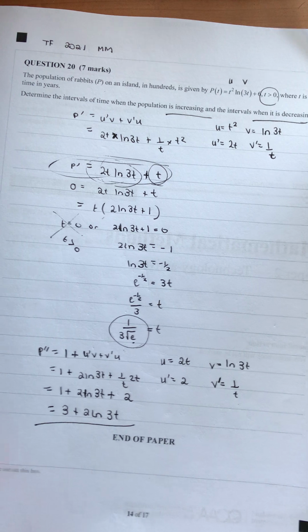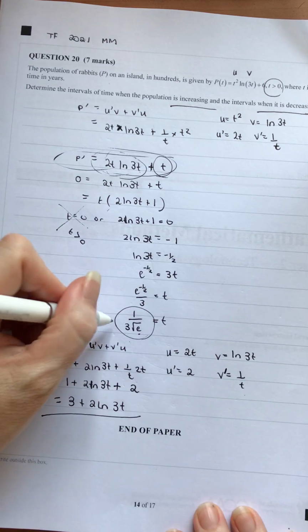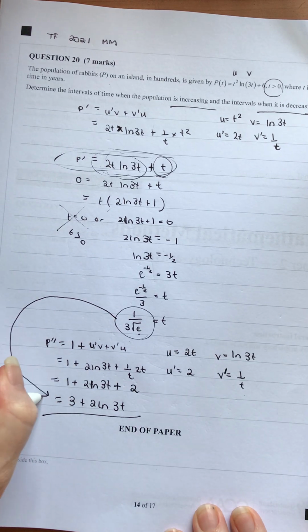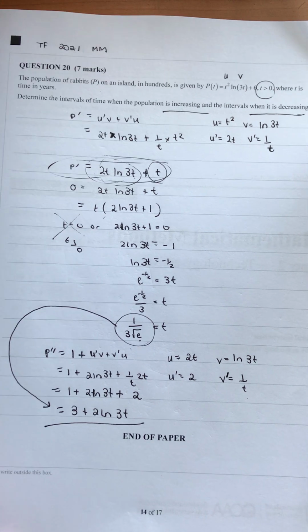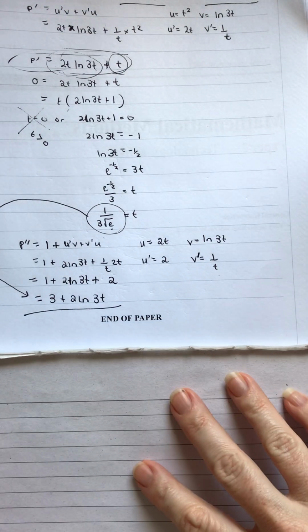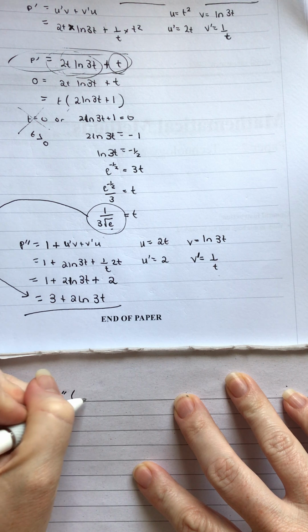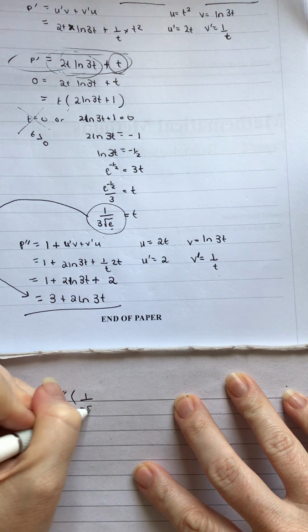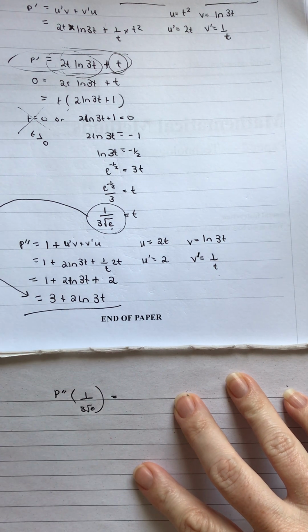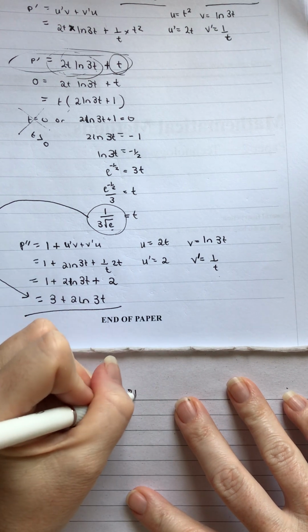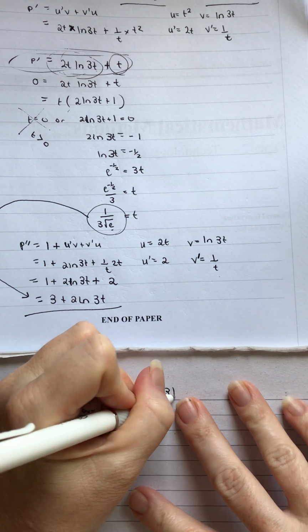Now that we've got that, we can sub this value of t into there to check the nature of that one. So I'm now going to get that p double dash, and put that 1 on 3 root e into there and find out what that's equal to. So I've got my 3 plus 2 ln 3t.